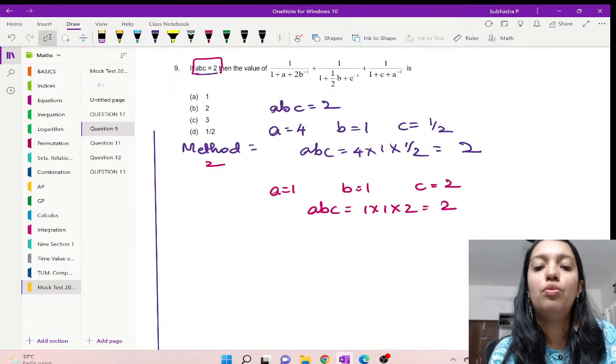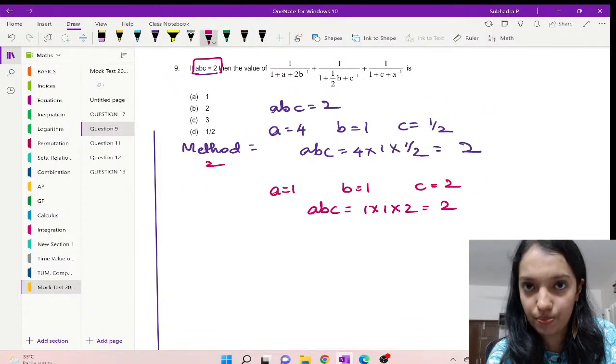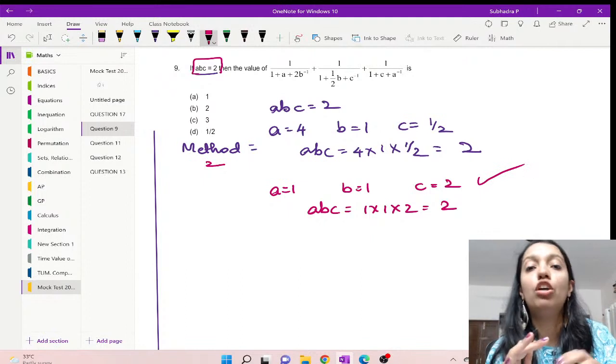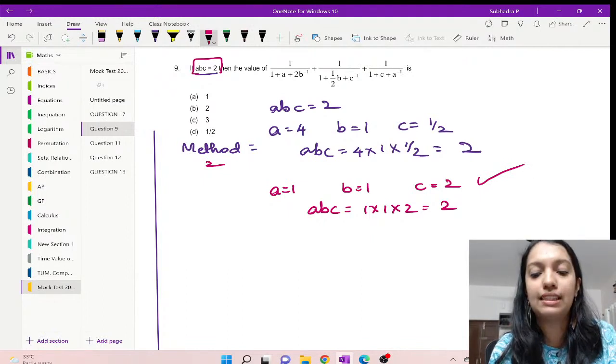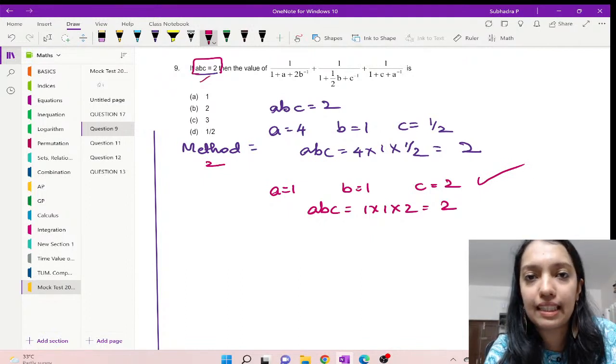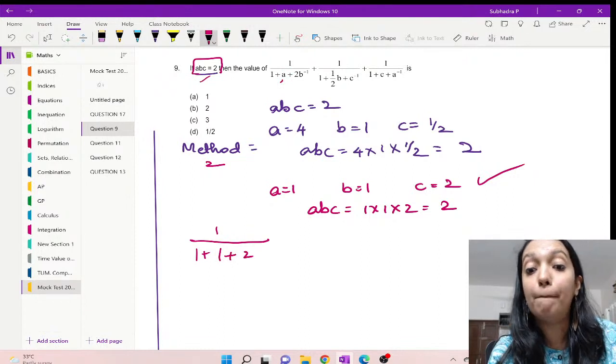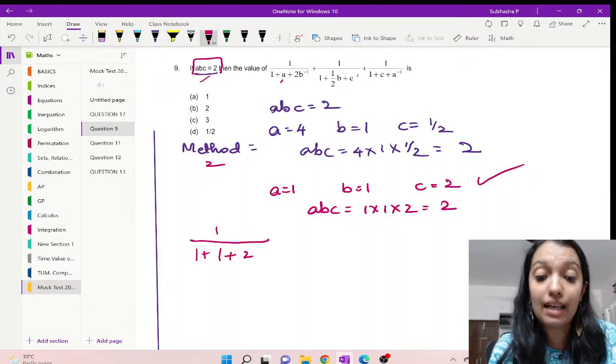Now what you will do, in this entire equation that you can see on the screen, wherever there are A, B and C, replace it with 1, 1 and 2. If you want, you can take a different number of your choice, provided it satisfies this condition. So I can take 1 divided by 1 plus, what is the value of A? 1. What is the value of B? B I took as 1, correct?